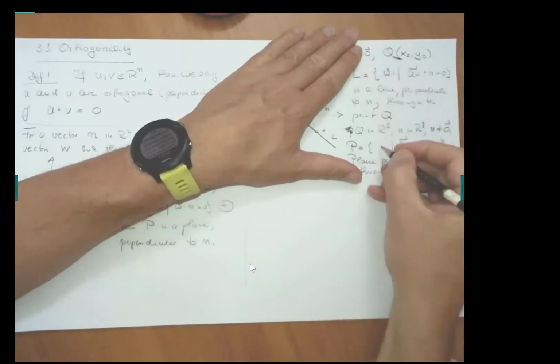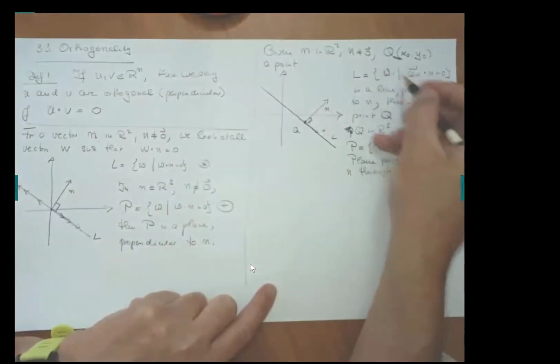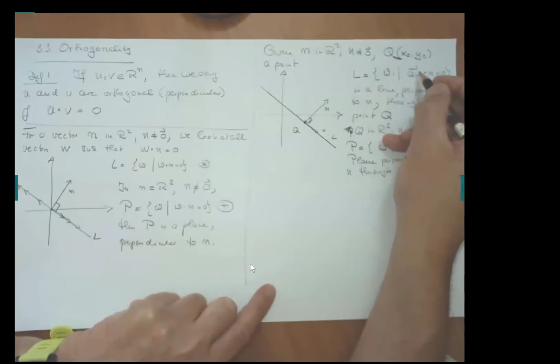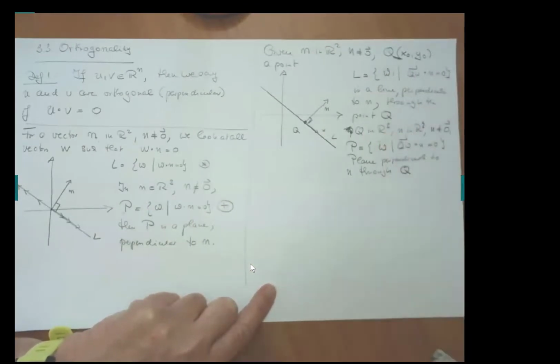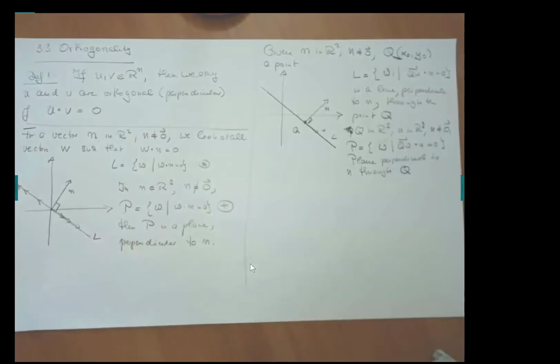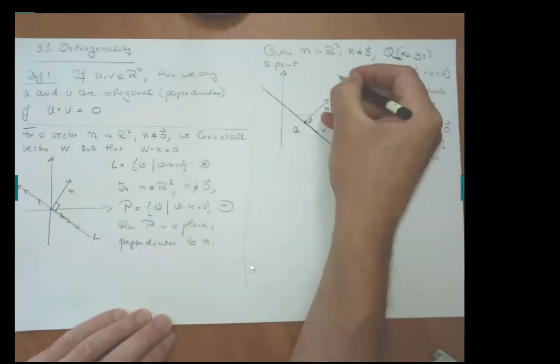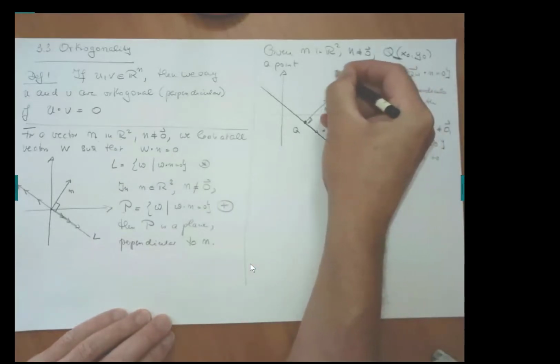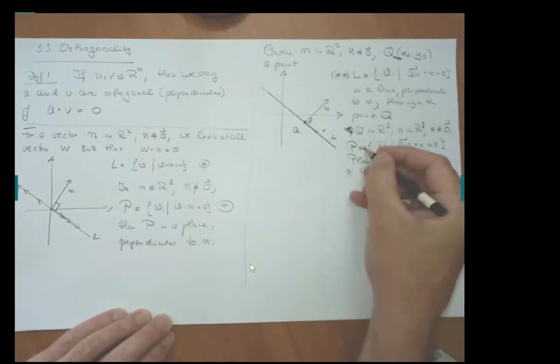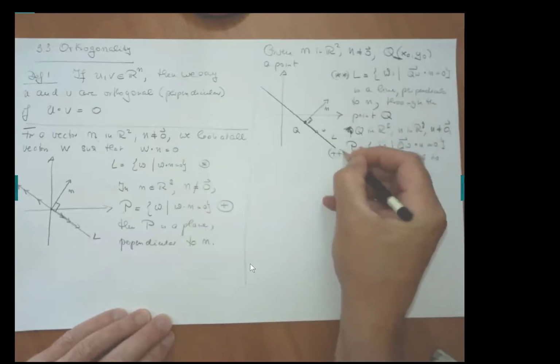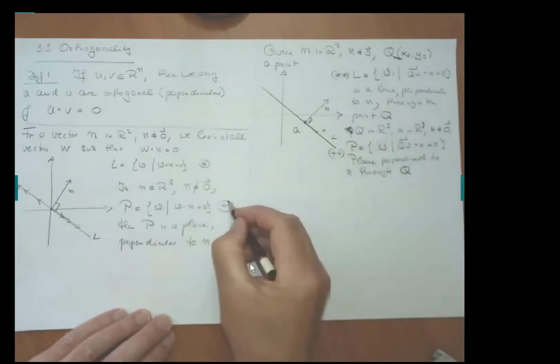So these are all W such that the connection between Q and W is perpendicular. Same thing here. Sorry, I messed this up. Okay, so I call this star and this plus, I call this here star star, and this here the plane plus plus.